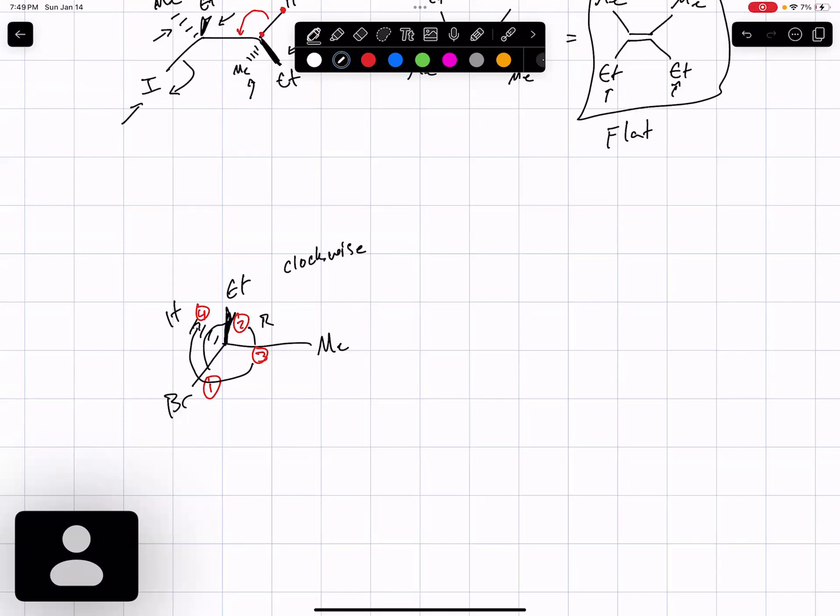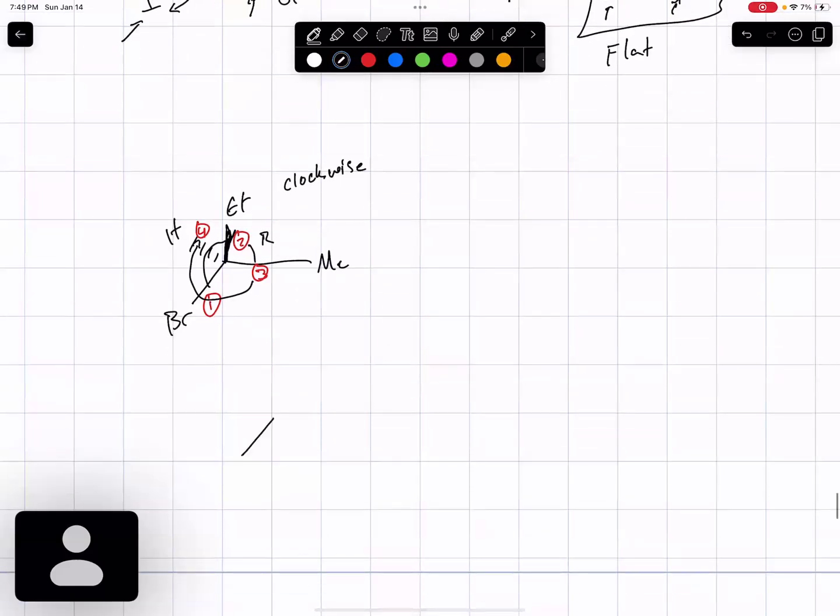But let's say that hydrogen wasn't pointing away from us. Let's say that hydrogen was pointing towards us.